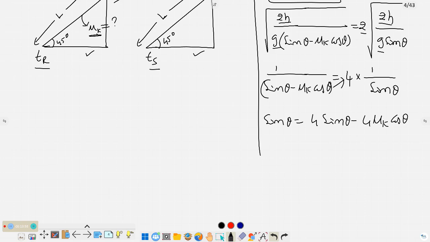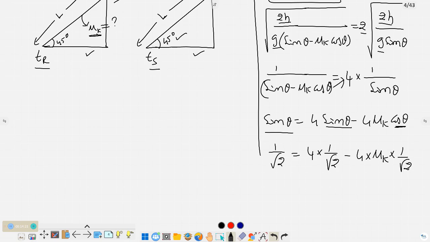In this case the theta value is very clearly given, 45 degrees. Apply this. Sine 45 is 1 by root 2, so 1 by root 2 is equal to 4 into sine 45, that is also 1 by root 2, minus 4 into mu k, the value we need to find, into cos 45, and cos 45 is also 1 by root 2.